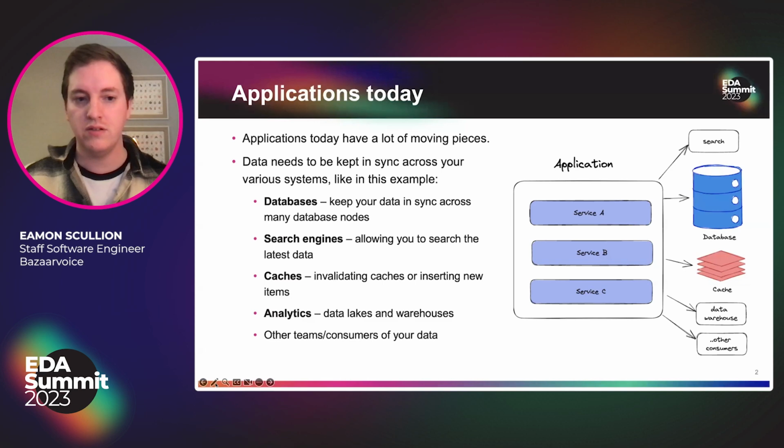You may have caches where you're using it for reads and you need to keep it up to date. So you might do things like invalidating the cache or inserting new items. And you might have analytics, so things like data lakes and data warehouses where you'll be using data there for reporting reasons or analytics. And you may also need to keep in sync with your consumers and other teams that might use your data.